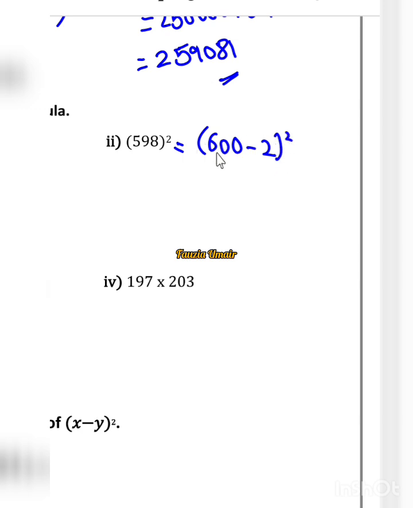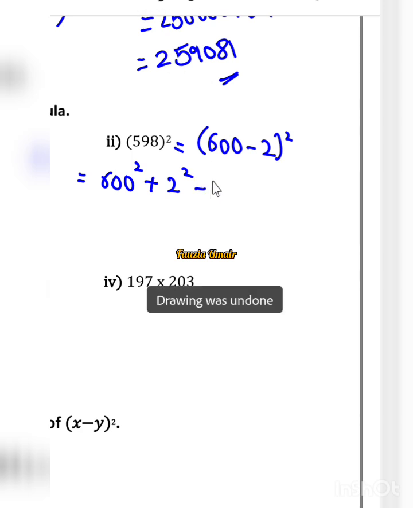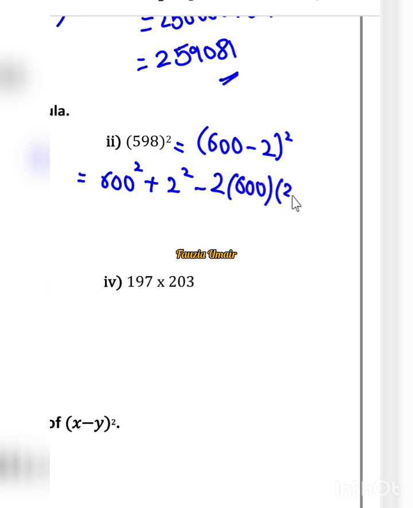Now this is the formula of a minus b whole square, where a is 600 and b is 2. So this is equal to 600 square plus 2 square minus 2 into 600 into 2.